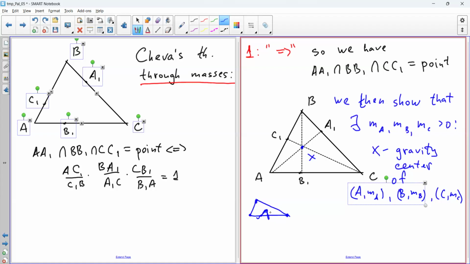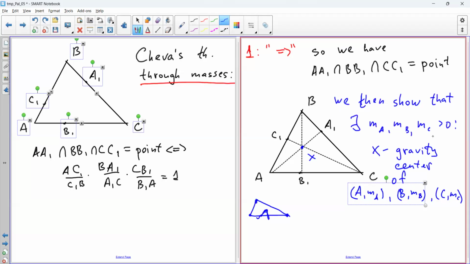That means that we can stabilize the triangle on that point, supported at that point. We can stabilize it just by adjusting the weights in the vertices.